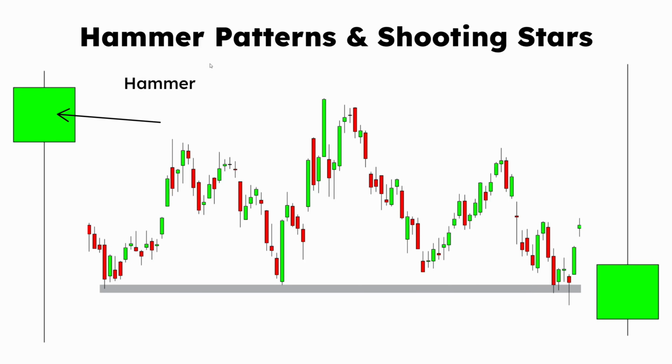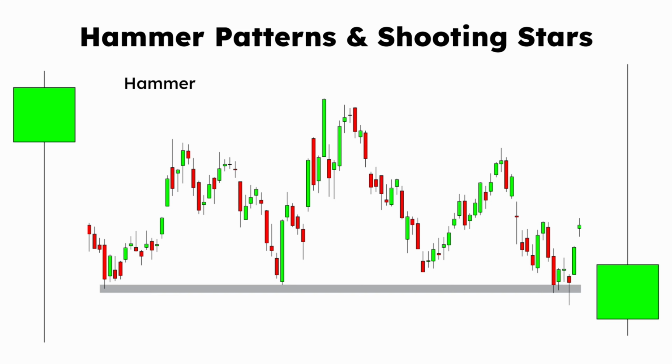The next hint is that the hammer is a bullish reversal pattern, meaning that before the hammer appears, we want to see a downtrend. Then the hammer appears right here, and the goal of the hammer is to reverse the price towards the upside. One more hint: look out for hammers close to the support level right here. Now if you want to, feel free to pause the video and do the exercise.